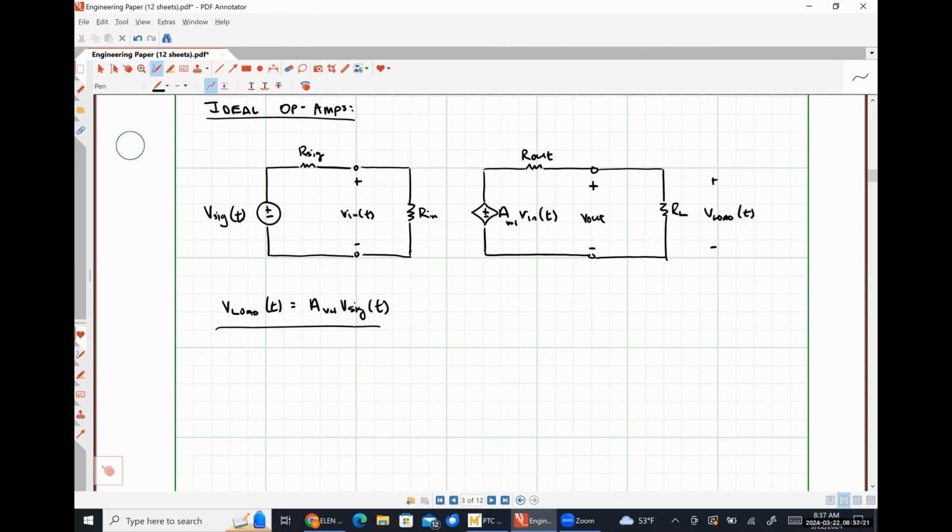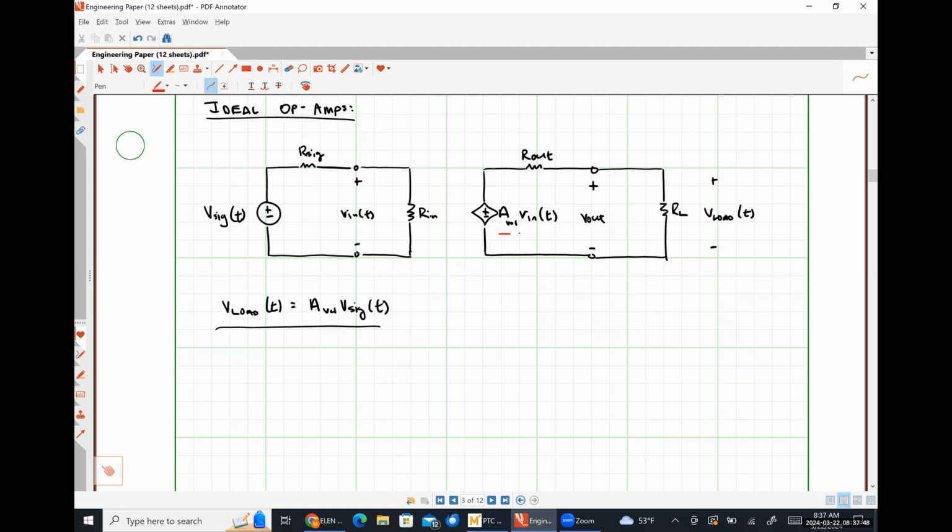So, in order for this to be true, we need to look at a couple of things. So let's look on the output side first, okay? So we know that our open loop gain here is providing the scaling factor in some sense, right?